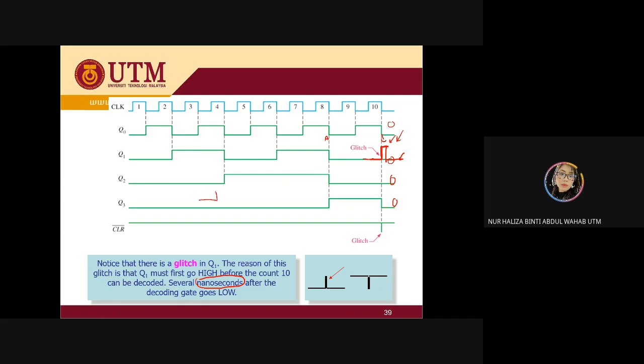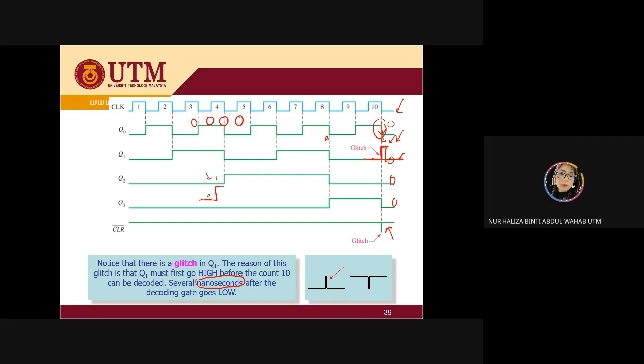Supposedly you're going to go up for your normal asynchronous counter, because at this negative clock here, you're going to toggle from 0 to 1, right? So you already toggle, but then there is a glitch asking you to reset and force go back to the initial.